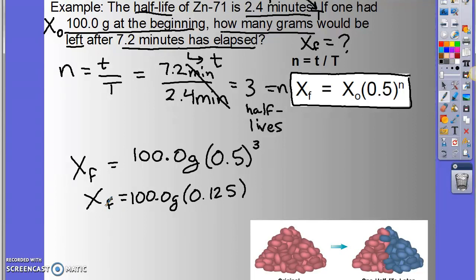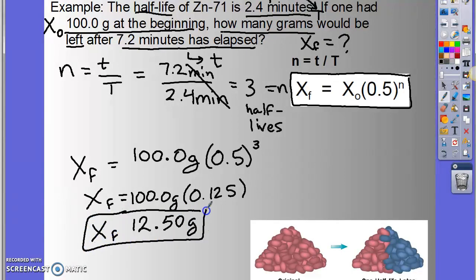I get 12.5, and I want to keep this as 4 significant figures from my mass that I started with. So 12.5, that's only 3 significant figures. So I can add on a 0 at the end to be my 4th significant figure. You're allowed to do that. So that's my final amount of material.